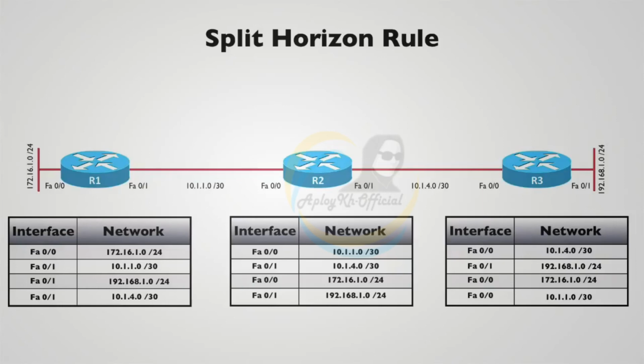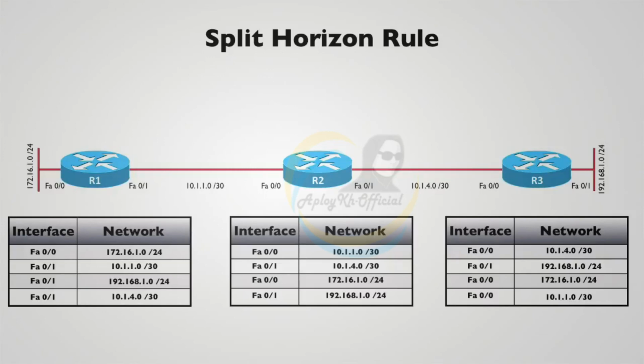To prevent this type of thing from happening, routing protocols like RIP and EIGRP, they implement something called the split horizon rule. The split horizon rule says that a router will not advertise a route out of an interface on which it learned that route. For example, in our case, R3 learned about the 172.16.1.0/24 network.